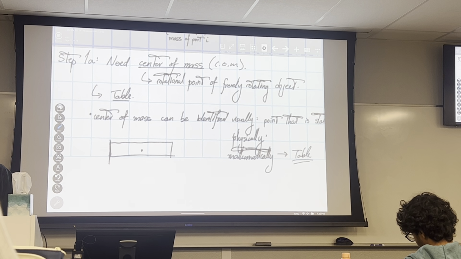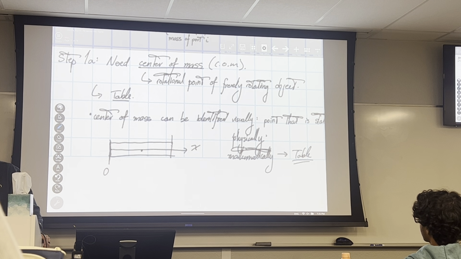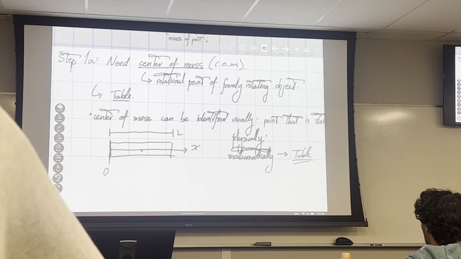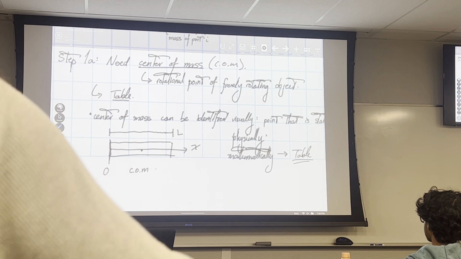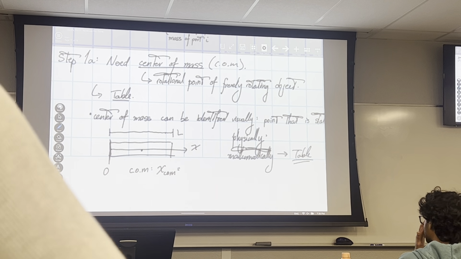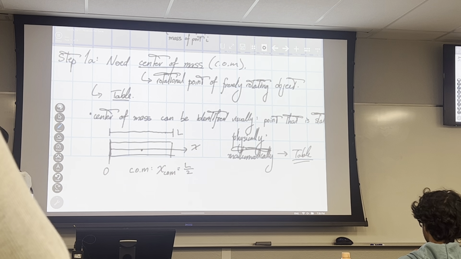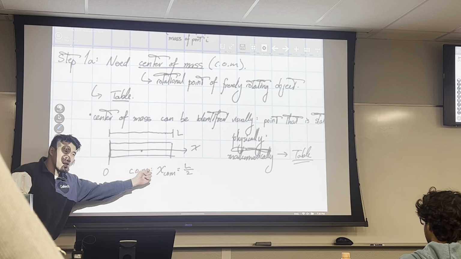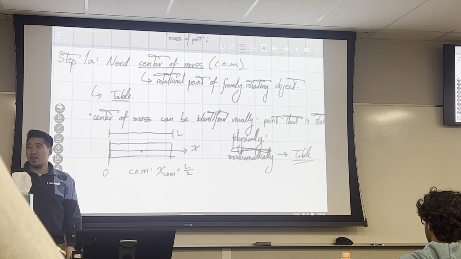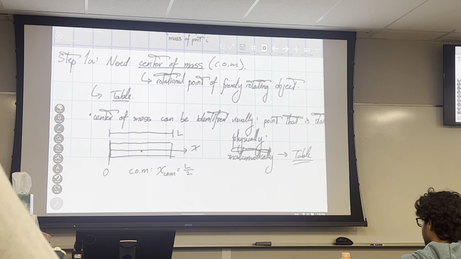And so if this was the x direction and this was 0, and it had a length of L, at what x position would the center of mass be? It will be at L over 2. That's what constitutes the center. If this was a 0 point on the x-axis, the center of mass would be occurring at a halfway point, which is L over 2.